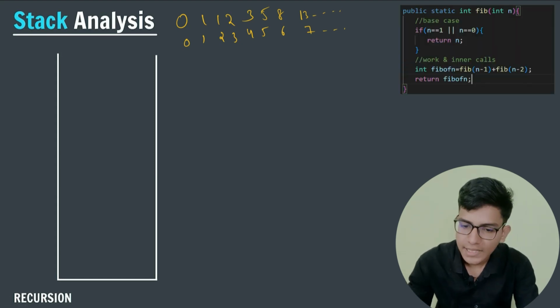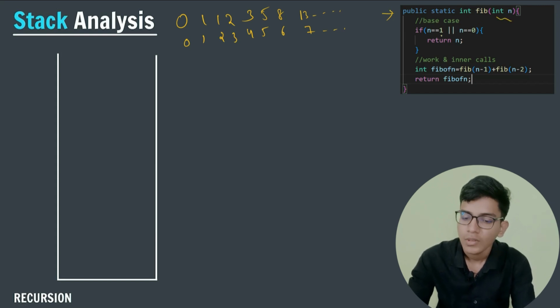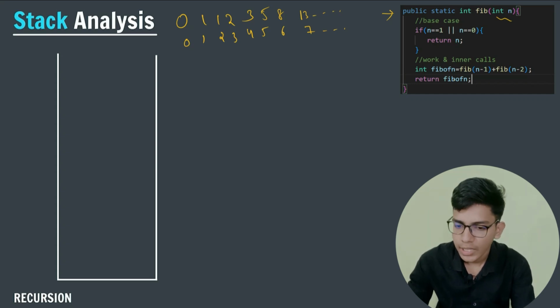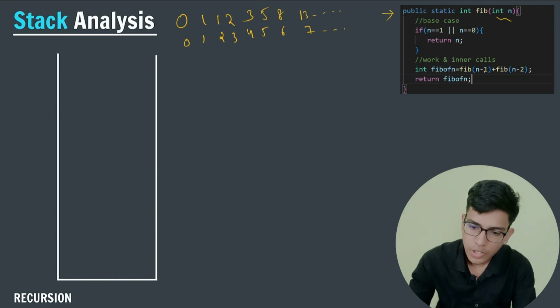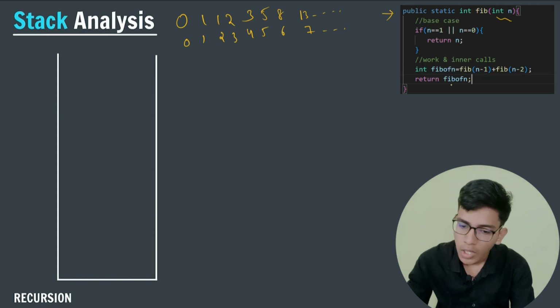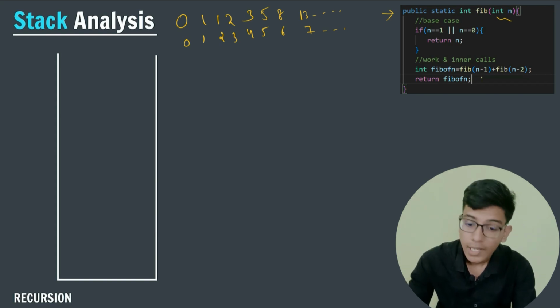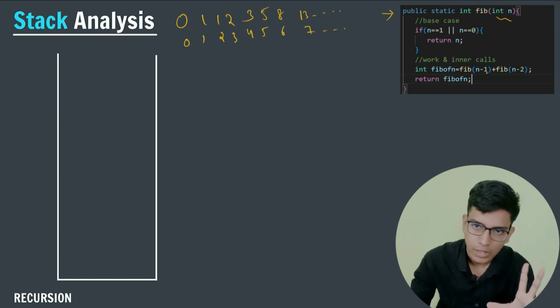This is the code. Here I am passing n value, and this is my base case. If any function call becomes 1 or 0, then I return n. After that, here I will calculate Fibonacci of n minus 1 plus Fibonacci of n minus 2, and I will return the nth term. Okay, this is how the code works.